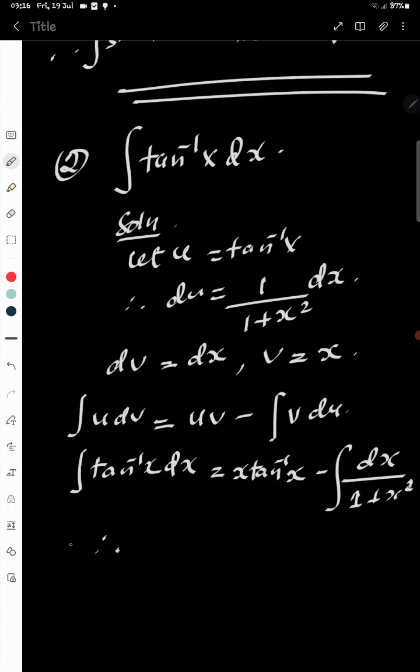Therefore, the integral of tan inverse of x dx equals x tan inverse of x minus tan inverse of x.